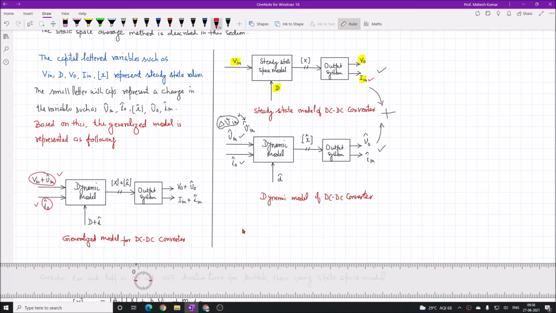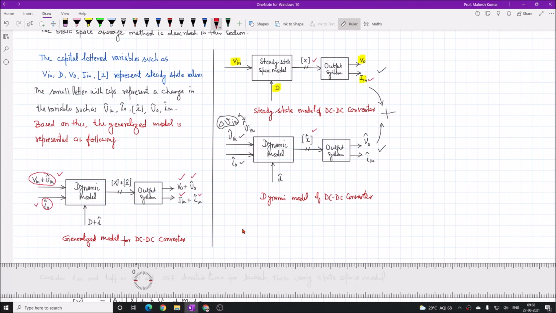The state is x plus x cap. We will sum these two states here, this and this. So x plus x cap. Then at the output system, we will get V0 plus V0 cap. So steady state value plus change in the output voltage, and at the output we will also get I in plus I in cap.